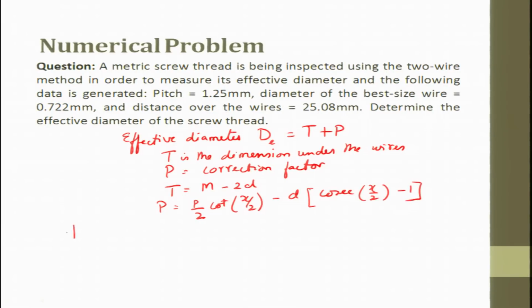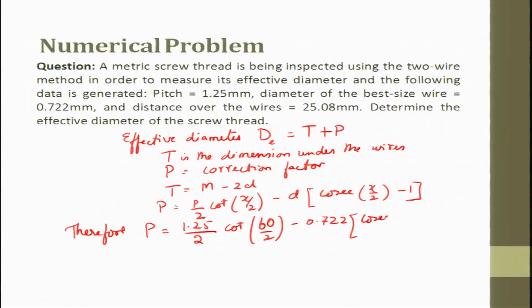Therefore, when you put in all the values, P equals 1.25 divided by 2 cot 60 by 2 minus D, where D is 0.722, cosecant 60 by 2 because it is metric, minus 1.